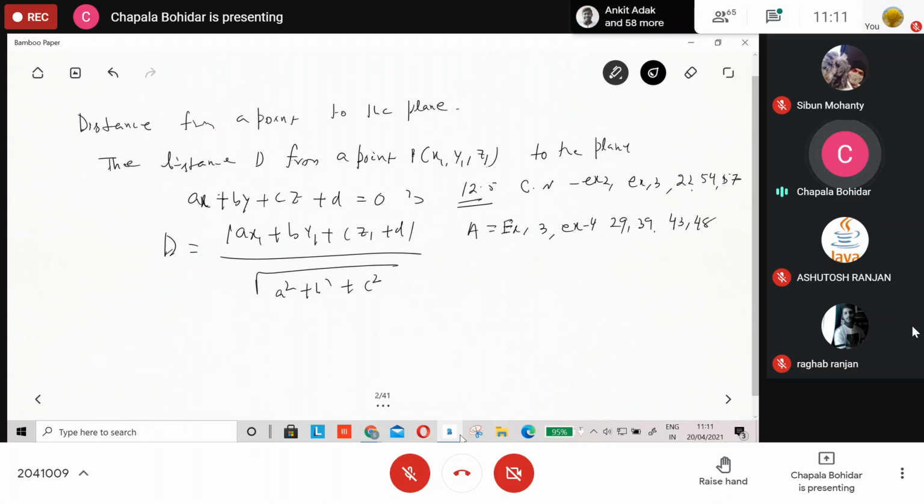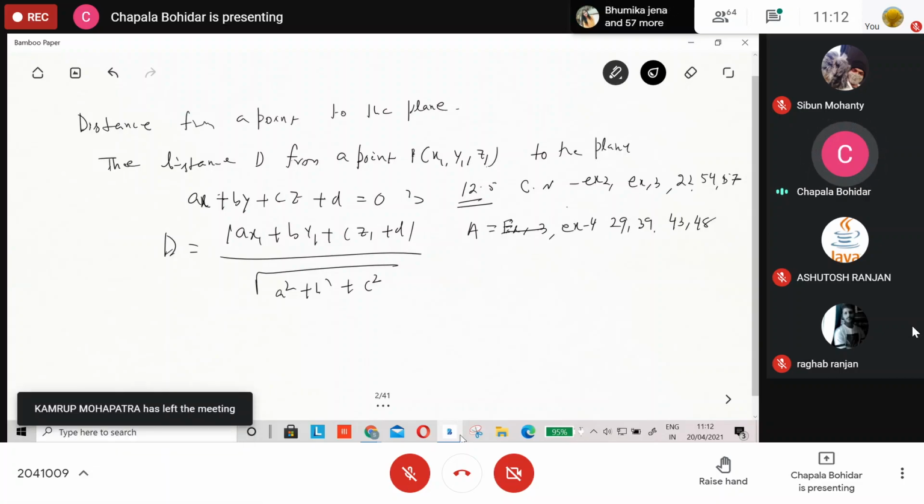So what are your example 2 and 3? Let us see. Classwork problem example 3 and assignment problem example 3 are also the same, it is repeated. It is your 12.5. Okay.